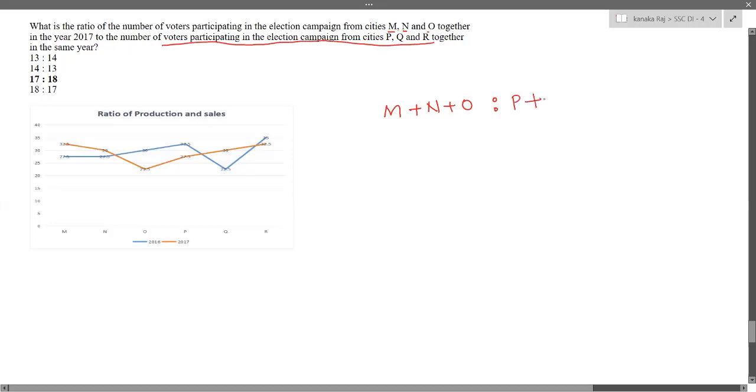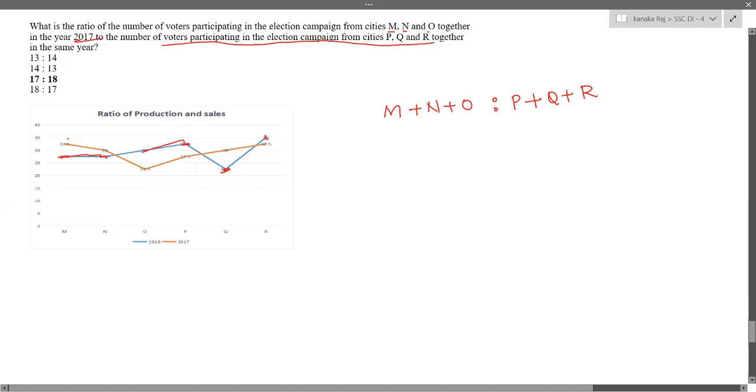That is P plus Q plus R. And all this is for the year 2017. So we'll neglect all the values of this blue graph because it is for 2016 and we need only 2017.